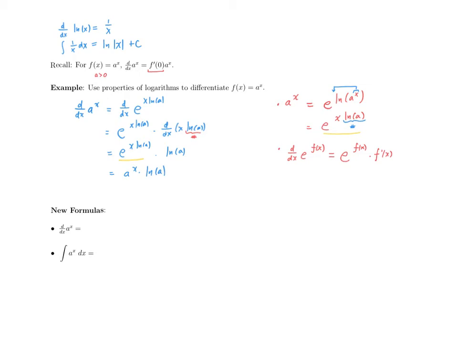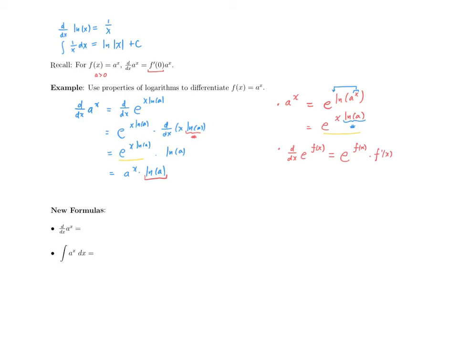And note, earlier we said this previous formula for differentiating a to the x was somewhat unsatisfying because it involved this unknown number, f prime of 0. Well, now we know precisely what that number is, natural log of a. And that leads to the following new formulas.